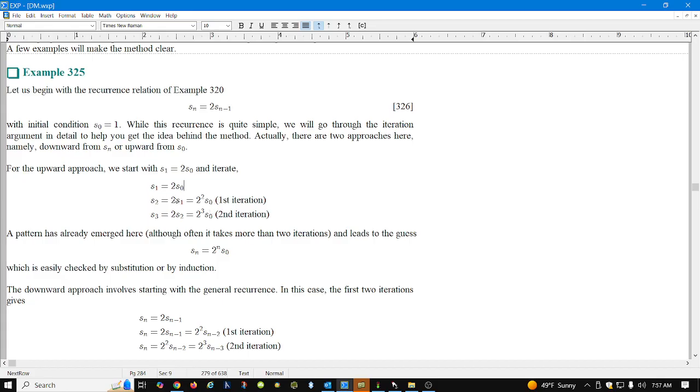So that's called the first iteration of the recurrence relation. The second iteration gives us S3 as twice S2, which is 2 cubed S naught. And by now, the pattern looks very clear. Sn should be 2 to the n S naught. And all you have to do is plug it back into this formula to see that that's the case. Twice this would be Sn plus 1.